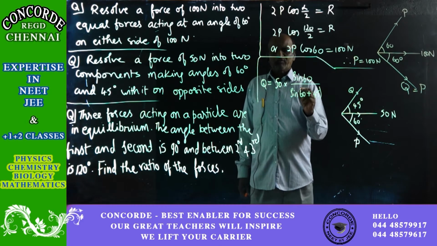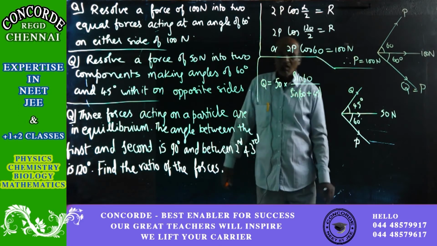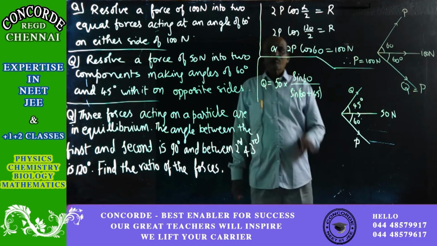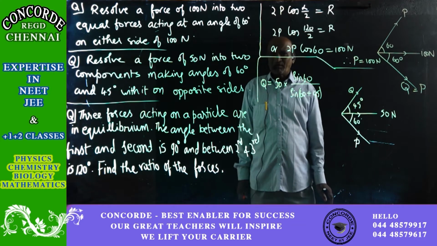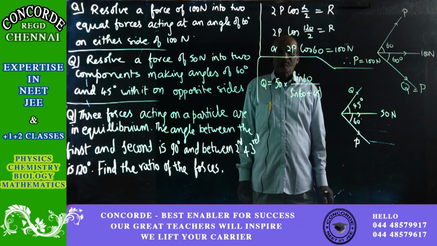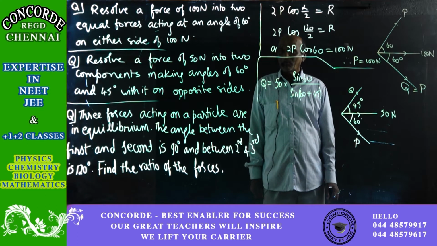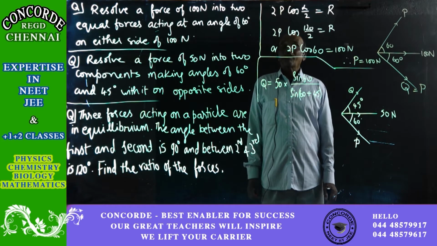There are two ways by which sine 60 plus 45 can be solved. One is sine A plus B is equal to sine A cos B plus cos A sin B. Otherwise, add both 60 and 45, so the total angle will be 105. Then what is sine 105?